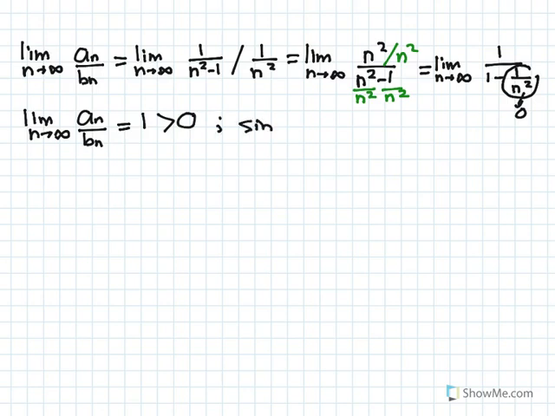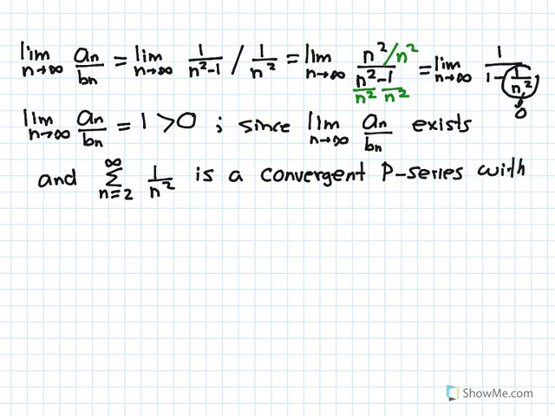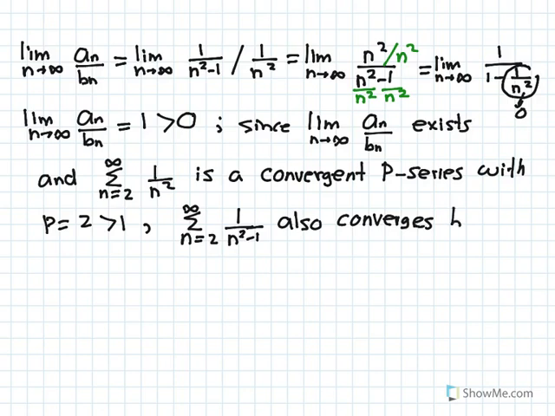Since this limit exists, and the summation from n equals 2 to infinity of 1 over n squared is a convergent p-series with p equals 2, larger than 1, the given series, the summation from n equals 2 to infinity of 1 over n squared minus 1, also converges by the limit comparison test.